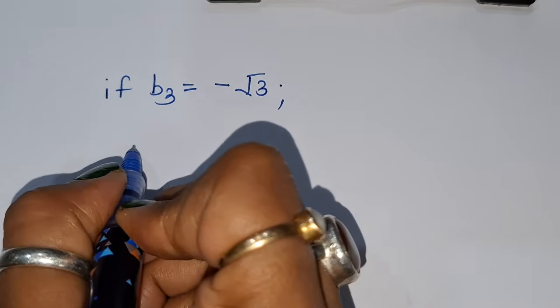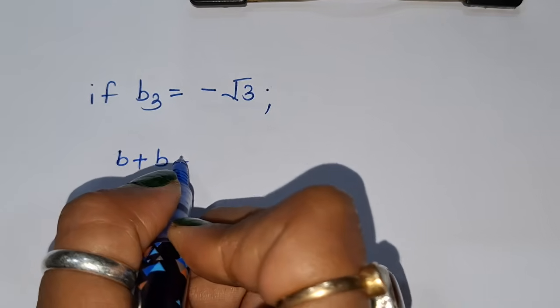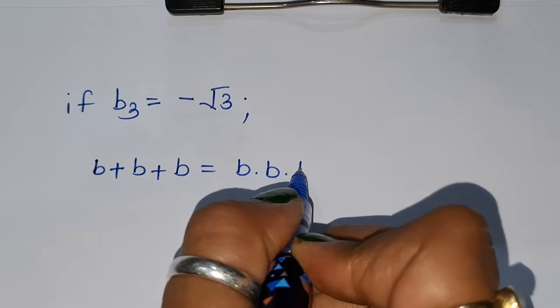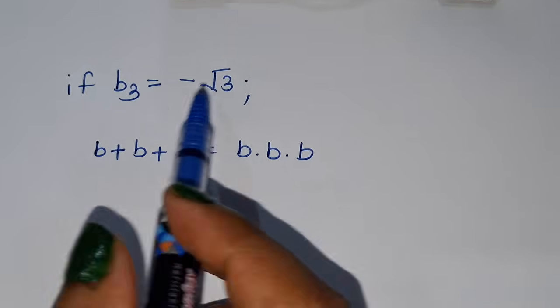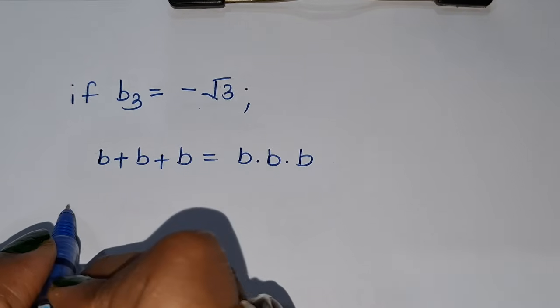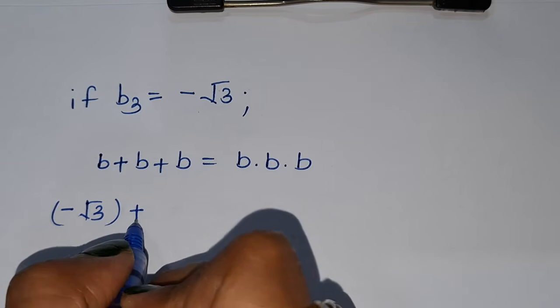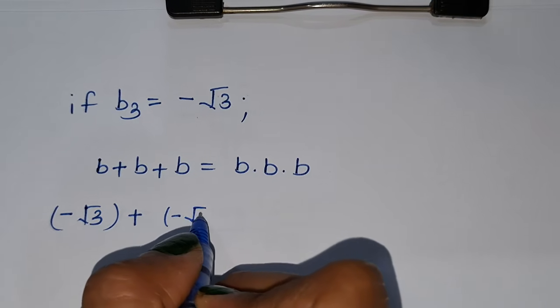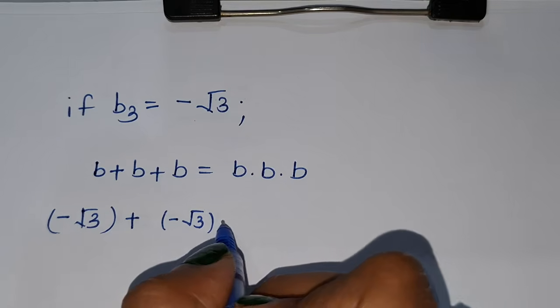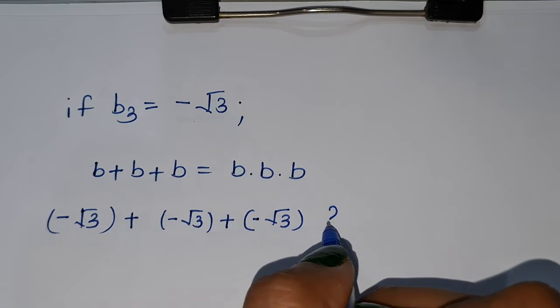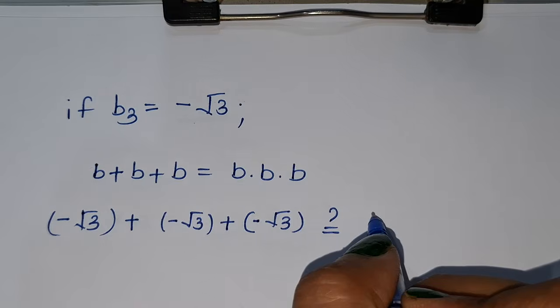So here the question is b plus b plus b is equal to b times b times b. Now we have to substitute minus square root of 3. We take minus square root of 3 plus minus square root of 3 plus minus square root of 3, equals?